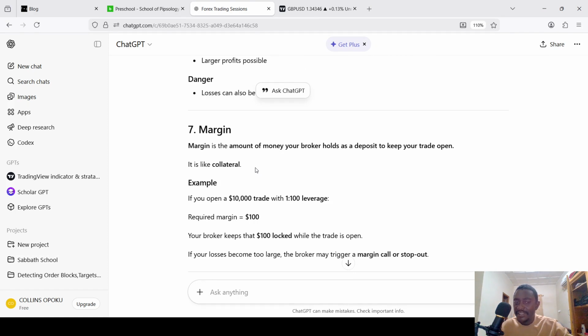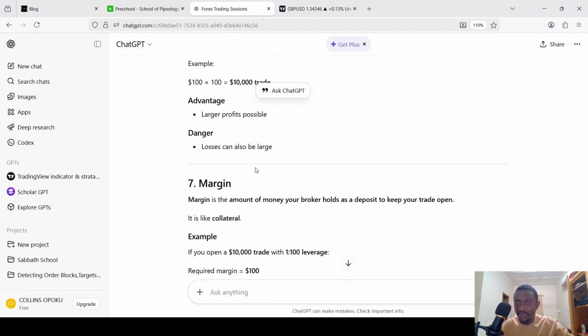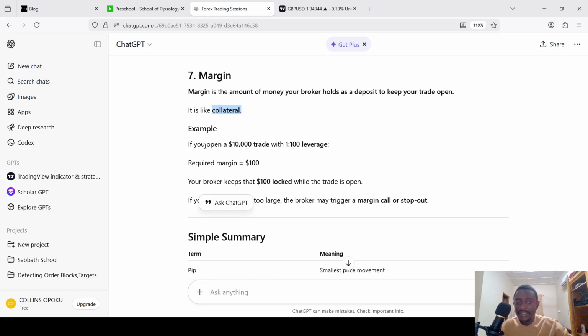Then the last part is the margin. The margin is the amount of money your broker holds as a deposit to keep your trade open, as collateral. You understand? So let's take this one.